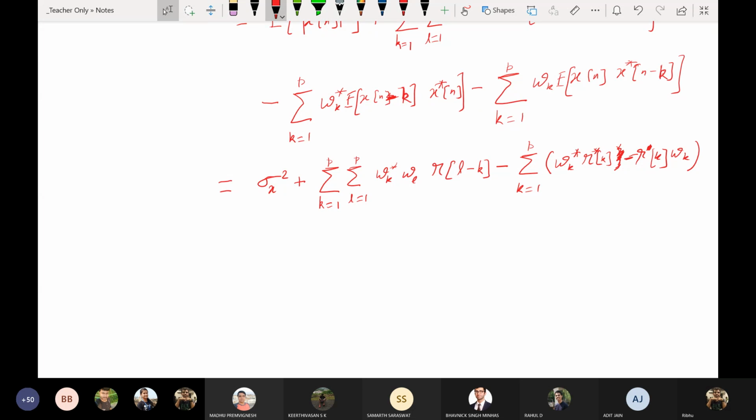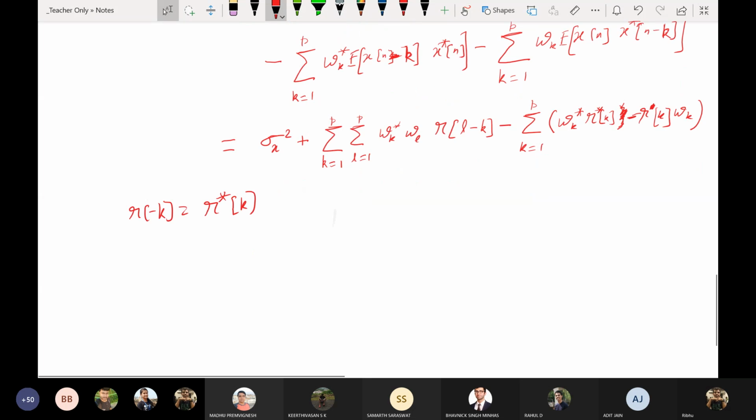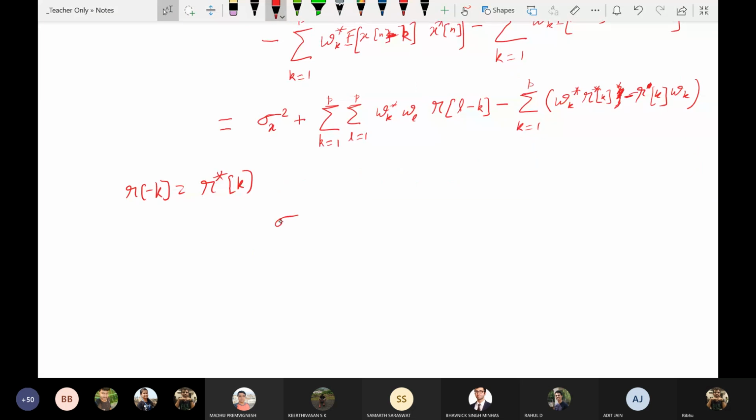Vignesh, is this right now? Yes, sir. So R of minus k equals R conjugate k. Fine.